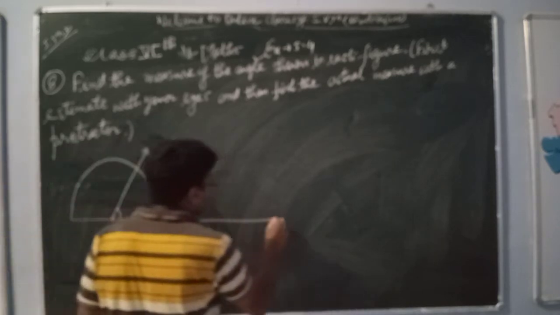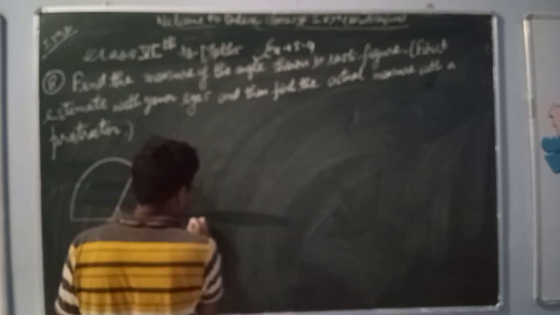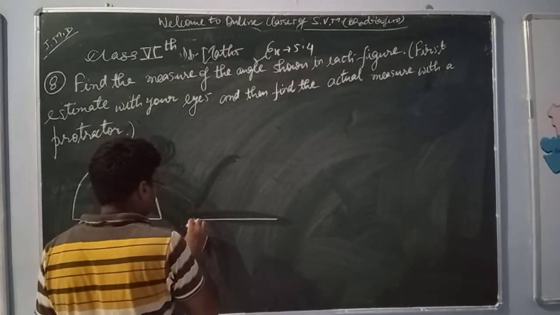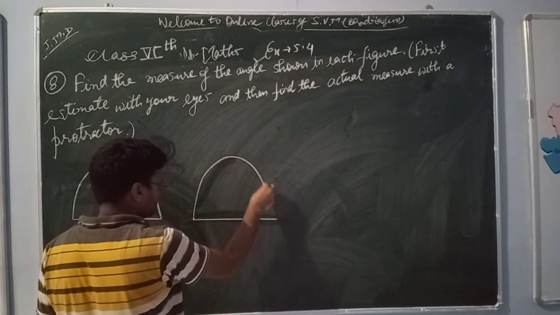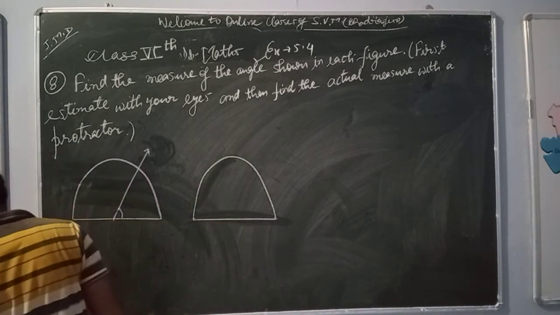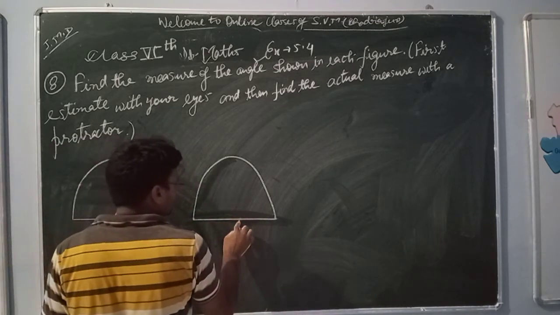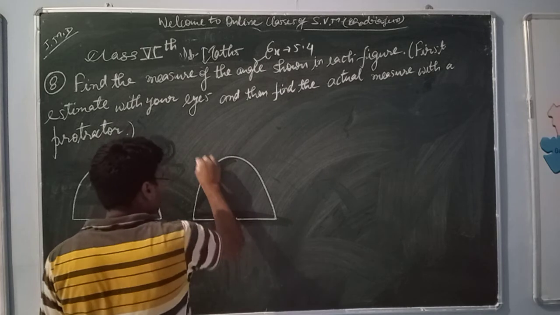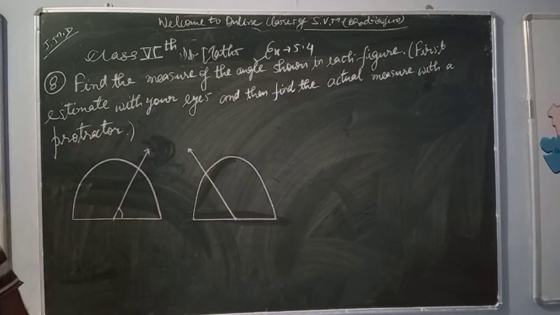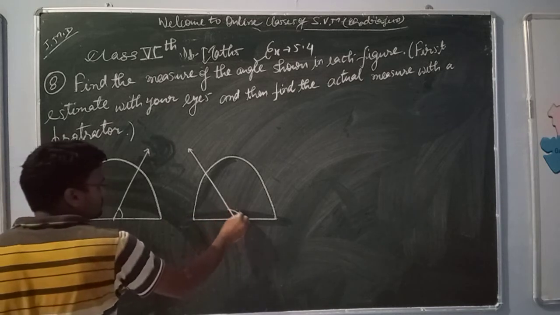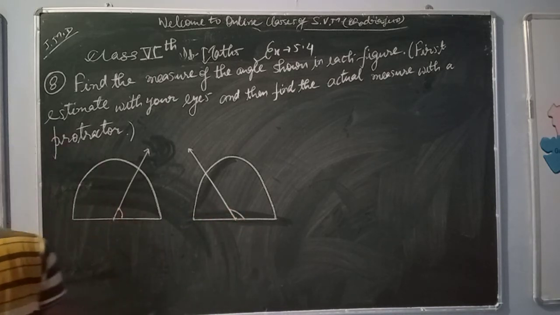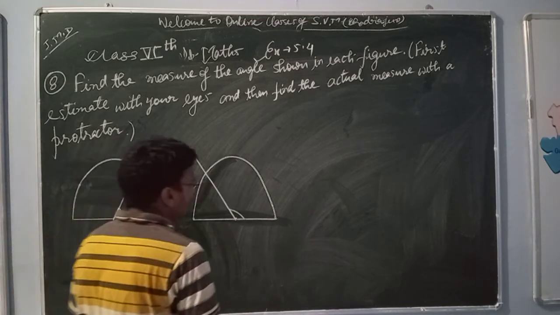And the second one is this one, and a line is also there like this. Now the third one is this one.